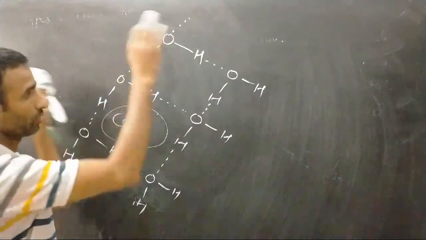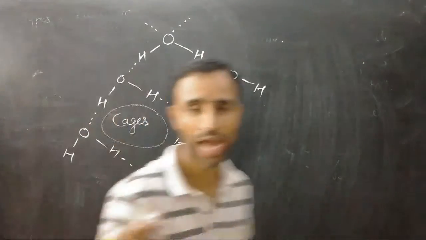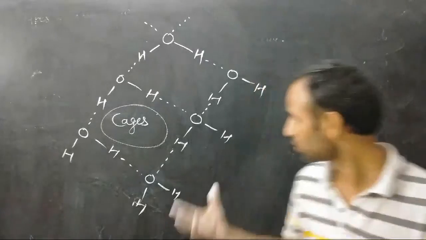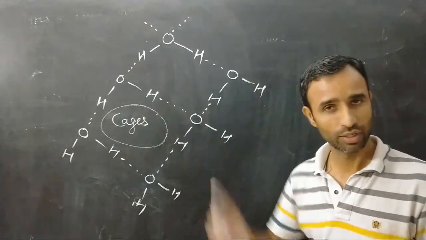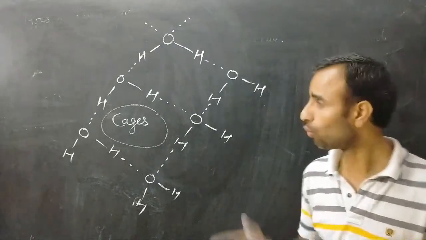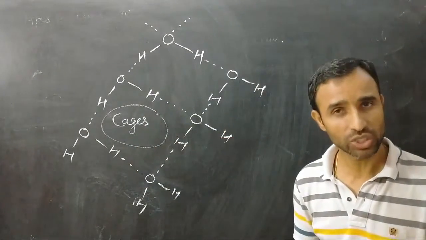So these are cages. Different cages are formed. You know that when we melt ice, what happens? Those are the cages. When ice melts, water comes into these cages, so volume decreases.